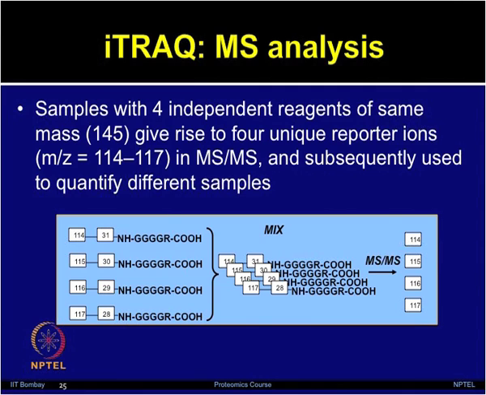4 independent reagents of the same mass, 145, can give rise to 4 unique reporter ions, m/z 114 to 117, in MS-MS analysis, and subsequently these reporter ions can be used for quantification of different samples.